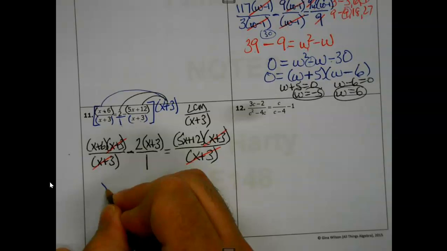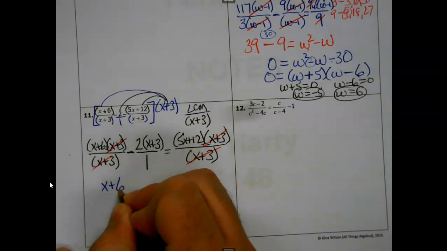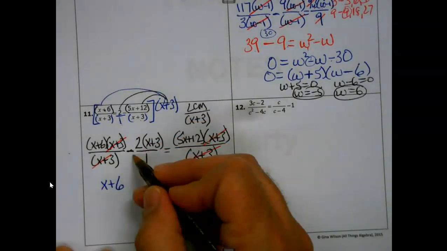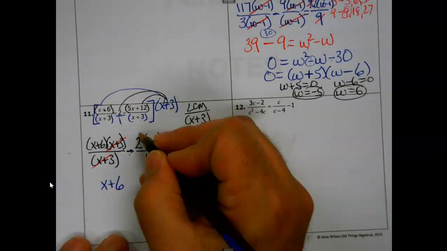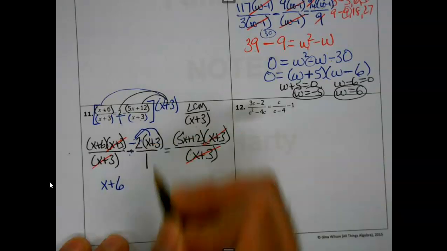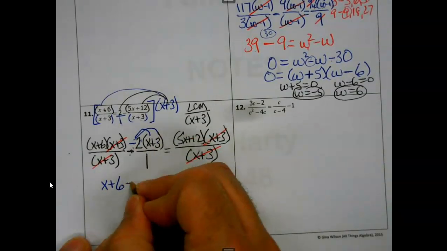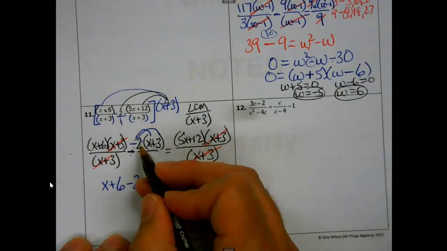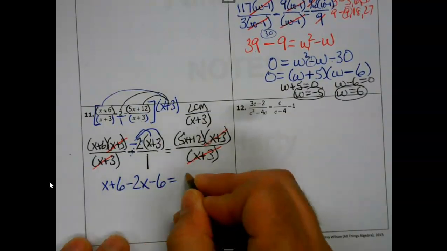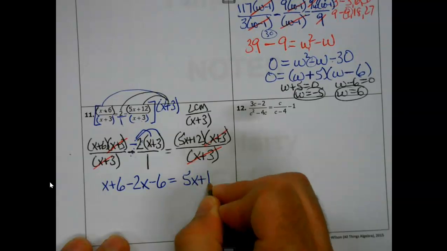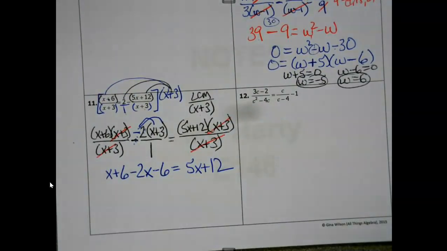So out of all this stuff, the only thing I got to do is remind myself, this is a negative 2 right here because of that minus. So negative 2x, negative 2 times 3 is negative 6. And so now this is just going to become a whole bunch of combined-like terms and working around.